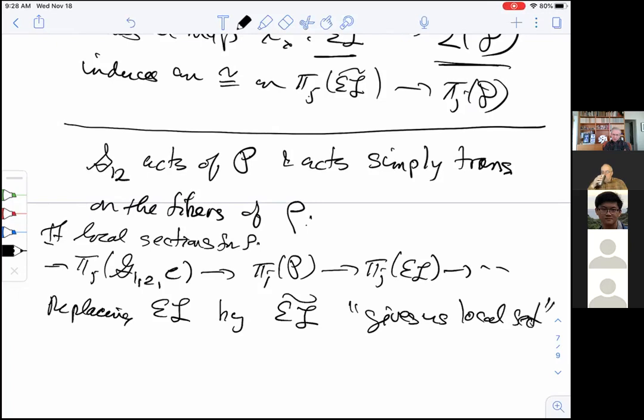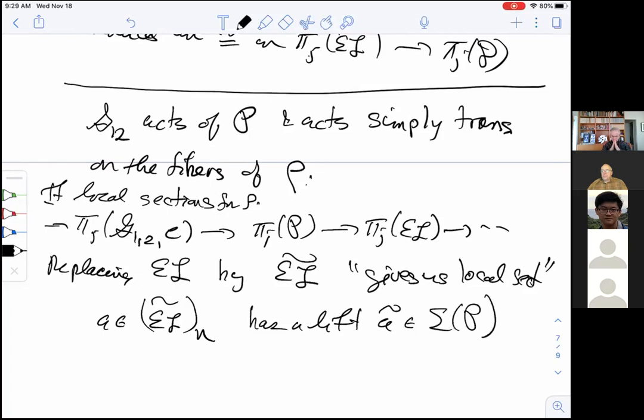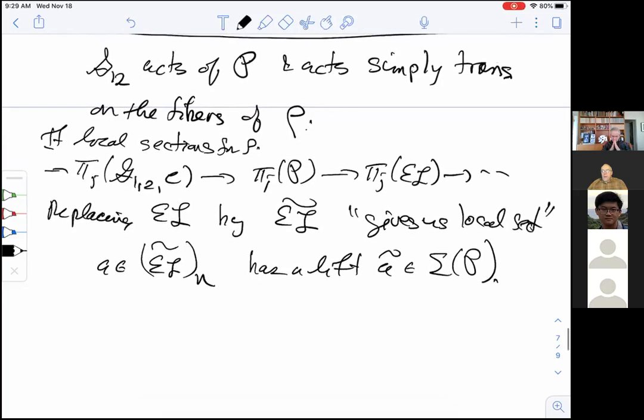We've changed categories, so it's not quite a local section in the usual sense: any n-simplex in EL tilde has a lift in the simplicial set of P. So we have cross sections over every simplex.